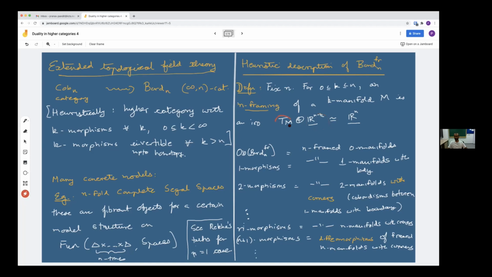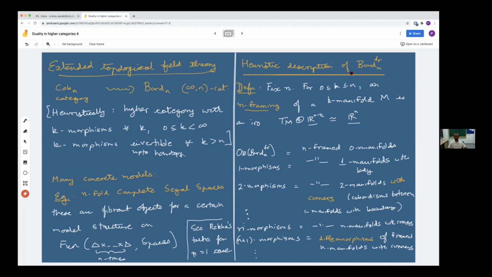So the tangent bundle has rank k, and you add to it the trivial bundle of rank n minus k, and that should be the trivial bundle of rank n. This is like trivializing the stable bundle, but with a fix on the dimension. So I can't add an arbitrarily large R^(n-k) here. So this is what an n-framing is of a k-manifold.